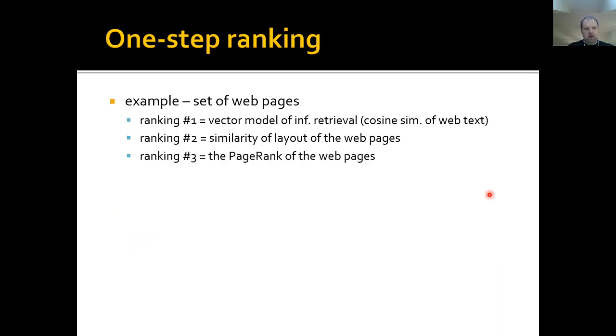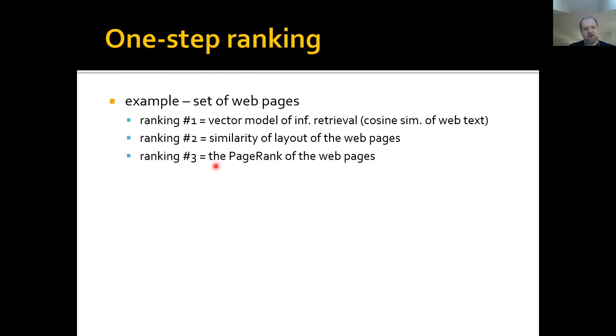For an example, we already discussed the vector model, so we have cosine similarities of web pages with respect to some query. That generates the first ranking. The second ranking could be some layout of web pages. I said I search for business documents, not for poetry, for example, even though they share similar text. Maybe that's a bad example. Business documents and poetry probably do not share anything.